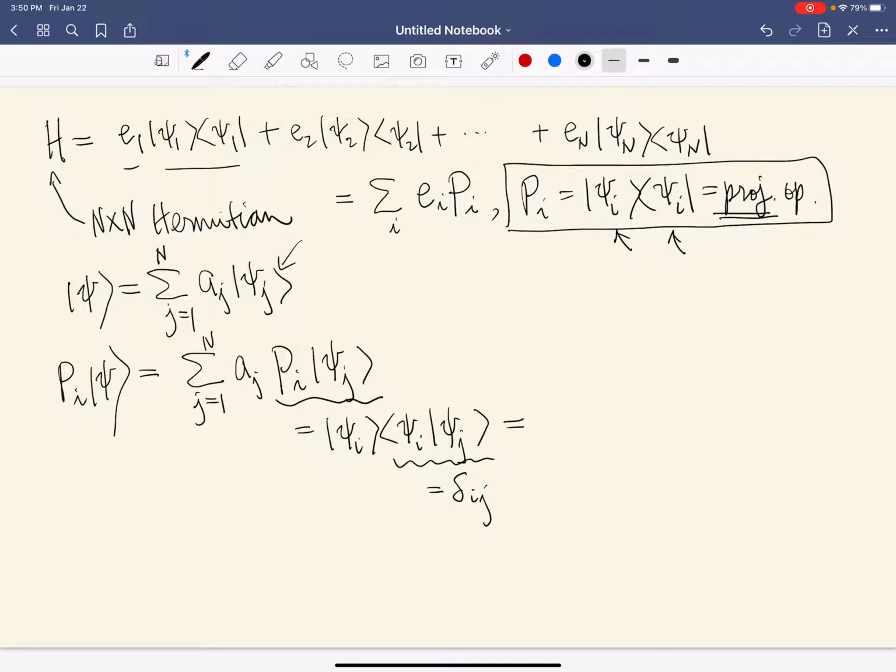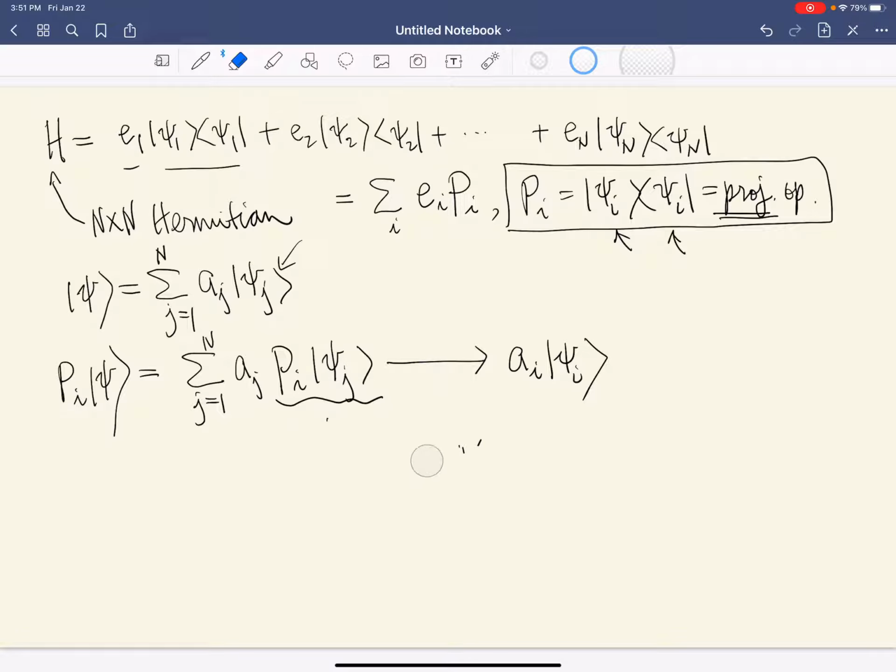Using this canonical delta constraint, I can see that this is equal to a_i |psi_i>.